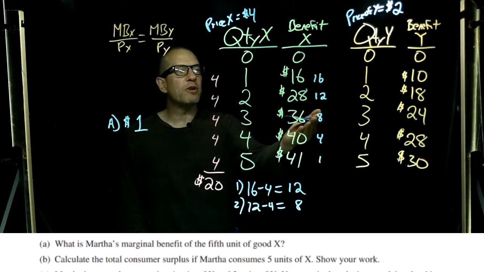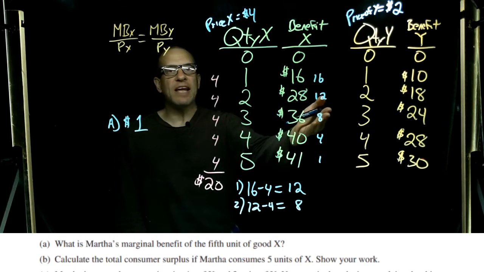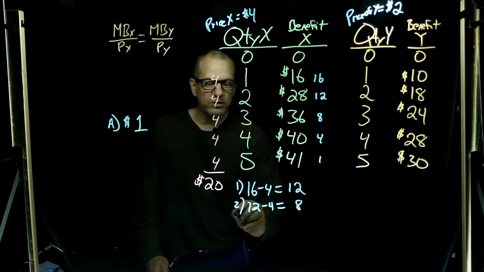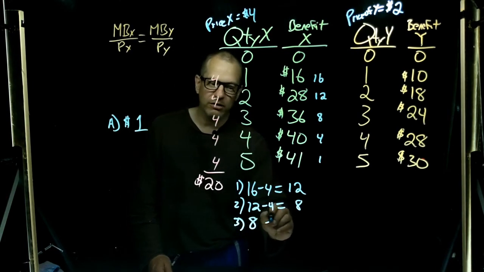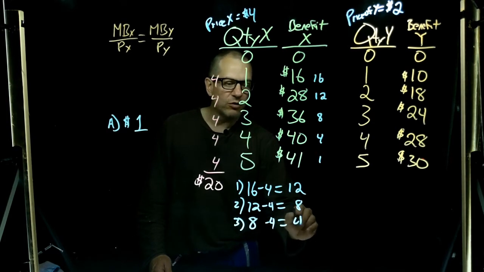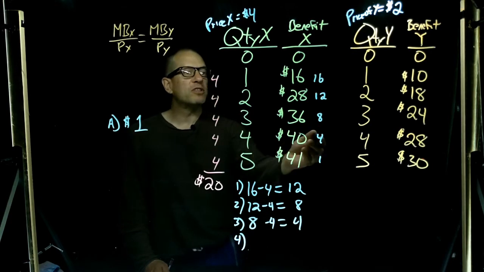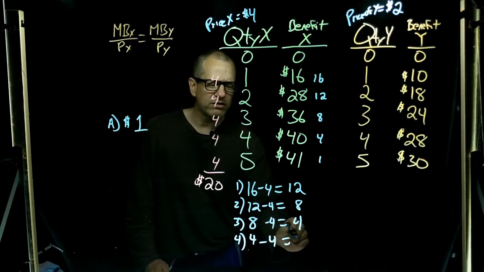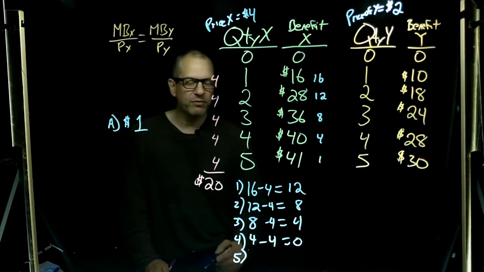When she consumed the third one, total benefit was 36, but she really only received $8 worth of benefit from consuming that third one. It cost her 4 beans, and so really, she received $4 of surplus. After the fourth one she consumed, she received $4 worth of benefit, but it cost her $4. So there was 0 consumer surplus there. And after the fifth one it gets a little difficult.